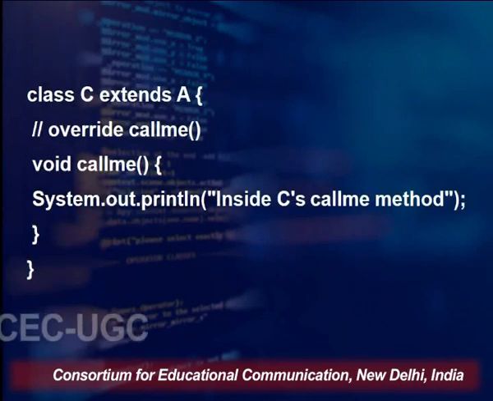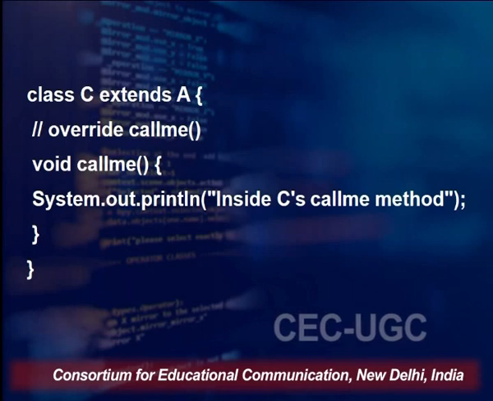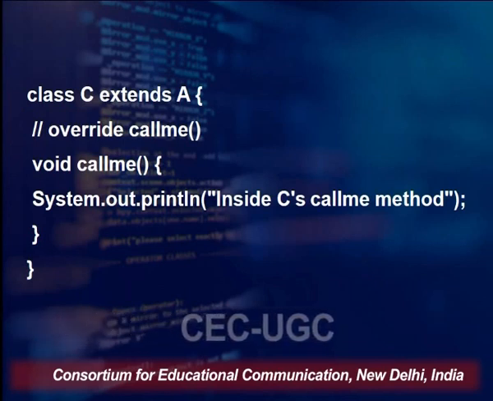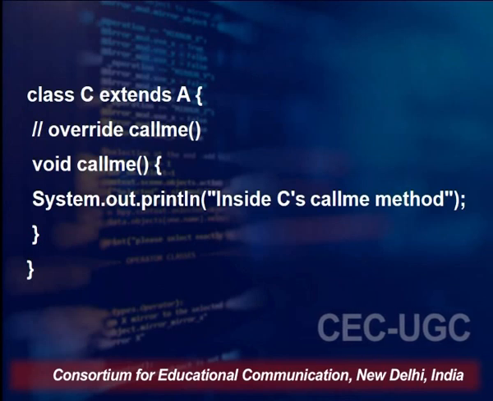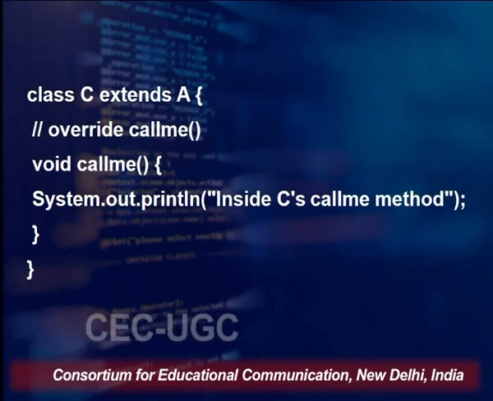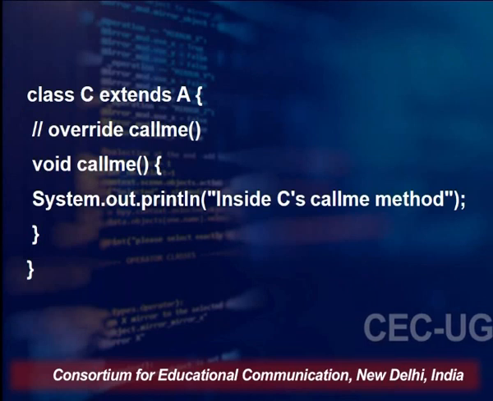Similarly, we have a class C which is extending class A. That means now your class A has two subclasses, class B and class C. On similar lines as class B, class C is also overriding the method call me. So, void call me here also, and this prints inside C's call me method.